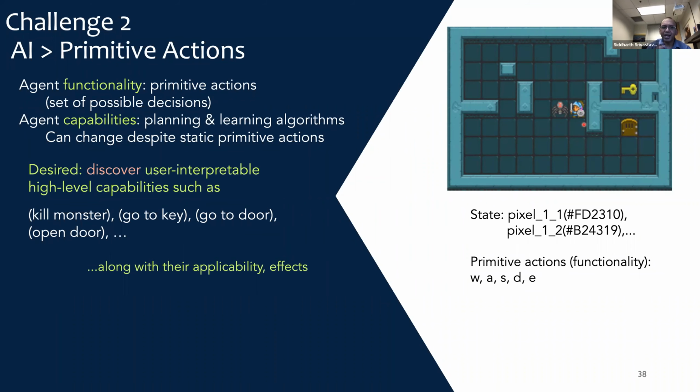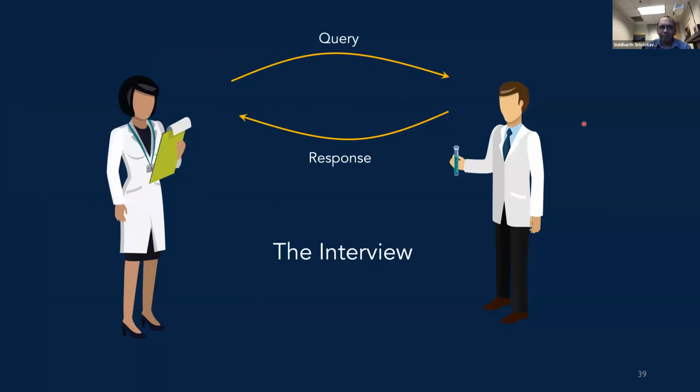So these two challenges, we as humans regularly solve these challenges. For instance, if you have a person you're interviewing for a new job, you might go through a query response phase, as in you ask them some questions. Based on their responses, you figure out, well, have they learned something new? This is what we try to do in our exams. Or what do they know about? What are their capabilities?